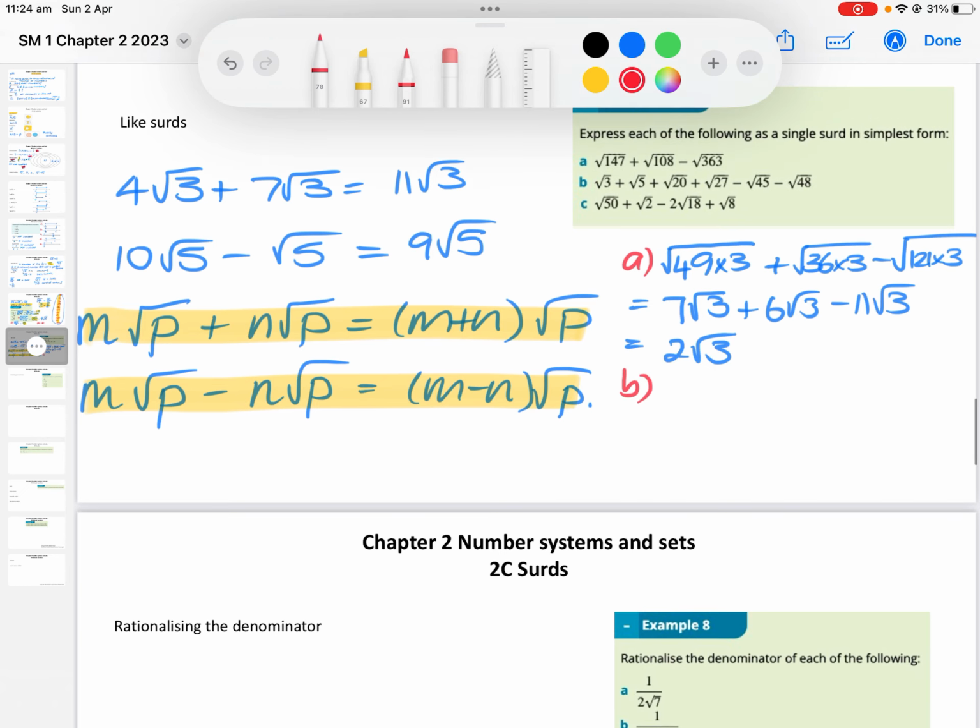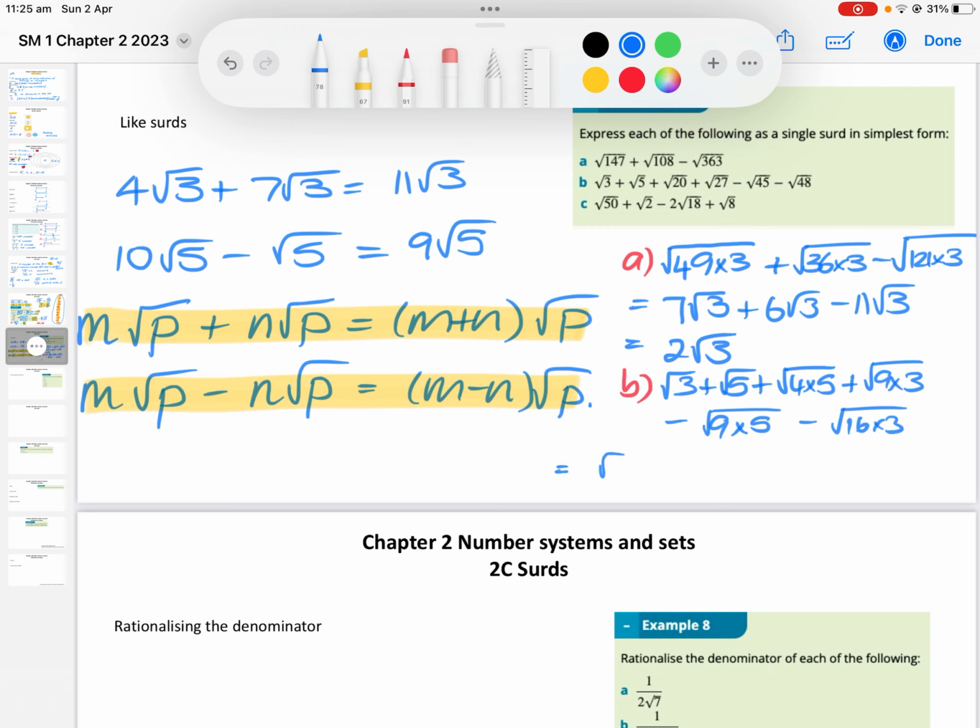For B, I can't simplify the first ones. Root 3 plus root 5. 20 is 4 times 5. 27 is 9 times 3. 45, I'm thinking 9 and 5 for that one. And then minus 48, that's going to be 16 and 3.